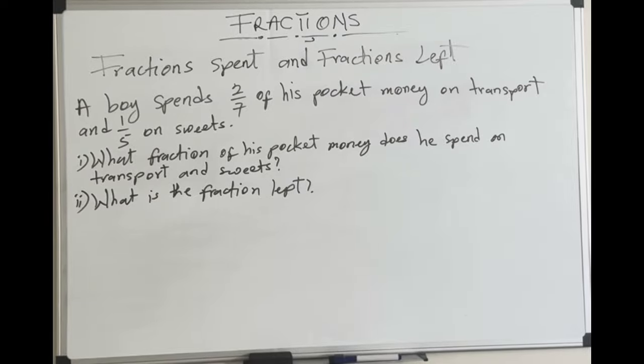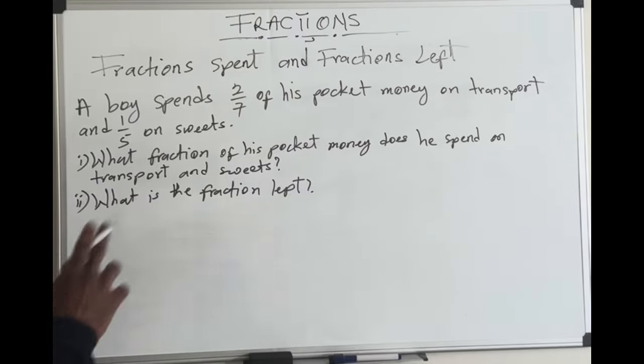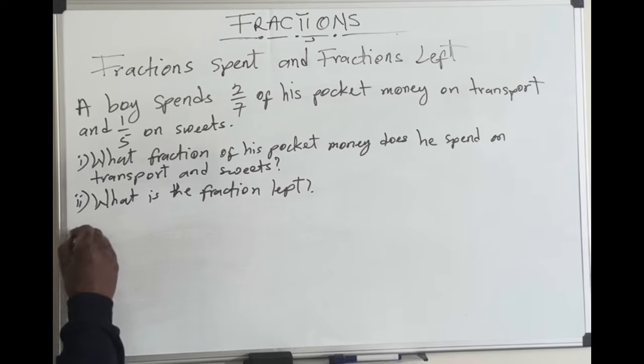We have another example under fractions spent and then fractions left. A boy spends 2 over 7 of his pocket money on transport and 1 over 5 on sweets. I. What fraction of his pocket money does he spend on transport and sweets? II. What is the fraction left? Very simple. So first off, let's deal with the first.